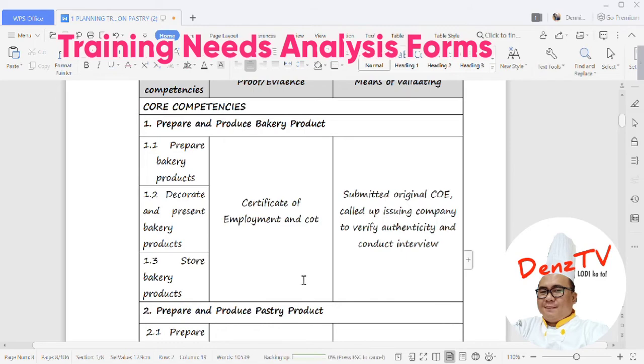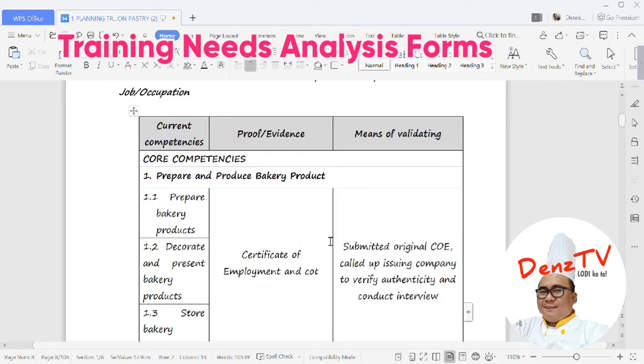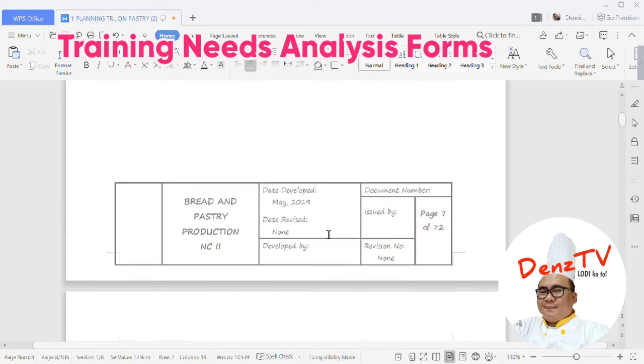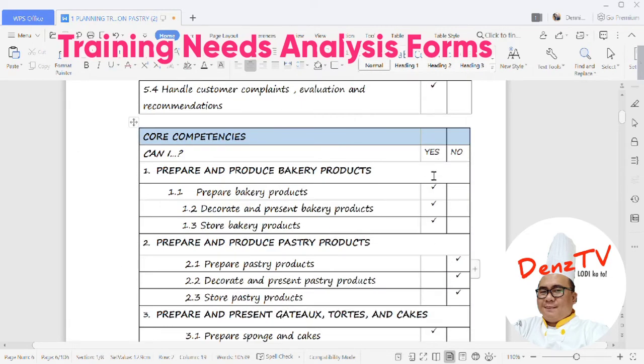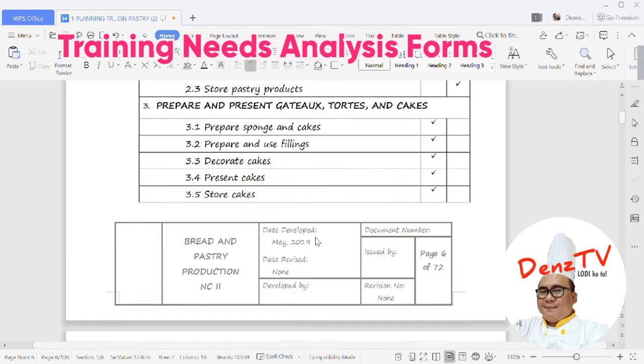Try to look at the means of validating. So the student presented these 2 certificates to the teacher. He said yes here, right? He said yes here. So meaning he or she has undergone already this particular unit of competency. So all you have to do is to ask him or her for a certificate.